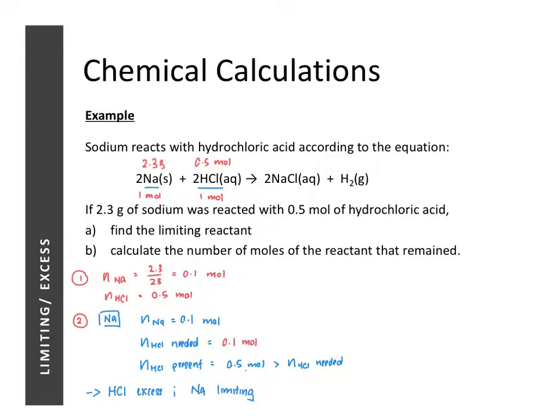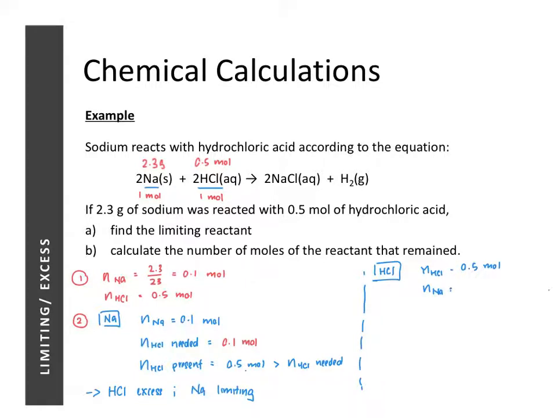Okay, so let's do the opposite scenario, where I pick hydrochloric acid as the reactant for step 2. I know that we have 0.5 moles of hydrochloric acid. Now we need to find out how many moles of sodium 0.5 moles of hydrochloric acid will react with, and we can find out by comparing the mole ratio.